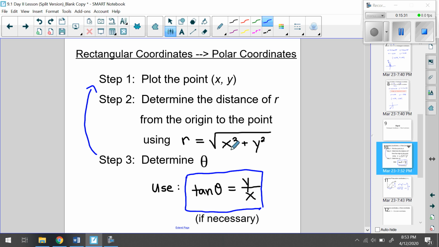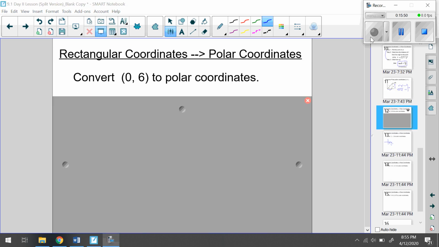And so if we know the x and y value, not only can we find the r value in step 2, but we can also use x and y to find the angle. If we know the tangent equals y over x, we can use the inverse tangent button on our calculators to work backwards and find that angle. All right, so here's our 3-step process. I'm going to take you through a few examples here, and we'll wrap up part 2 of today's lesson.